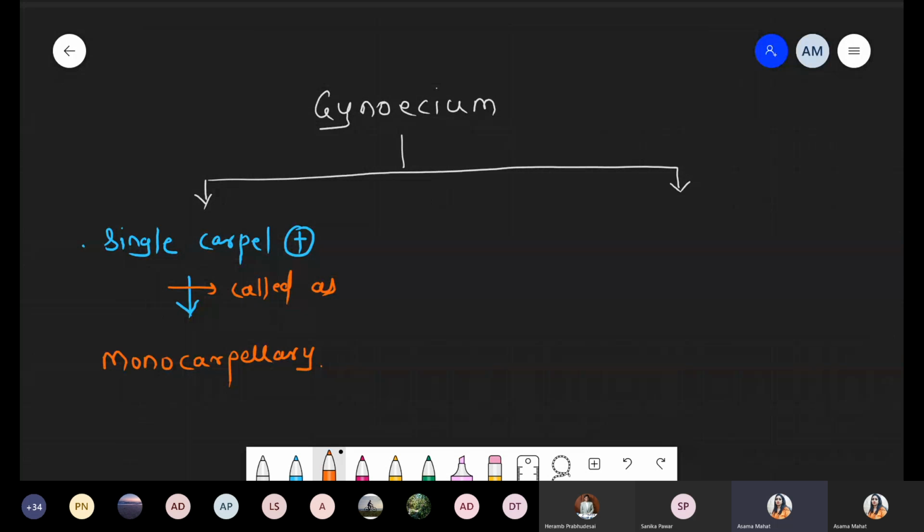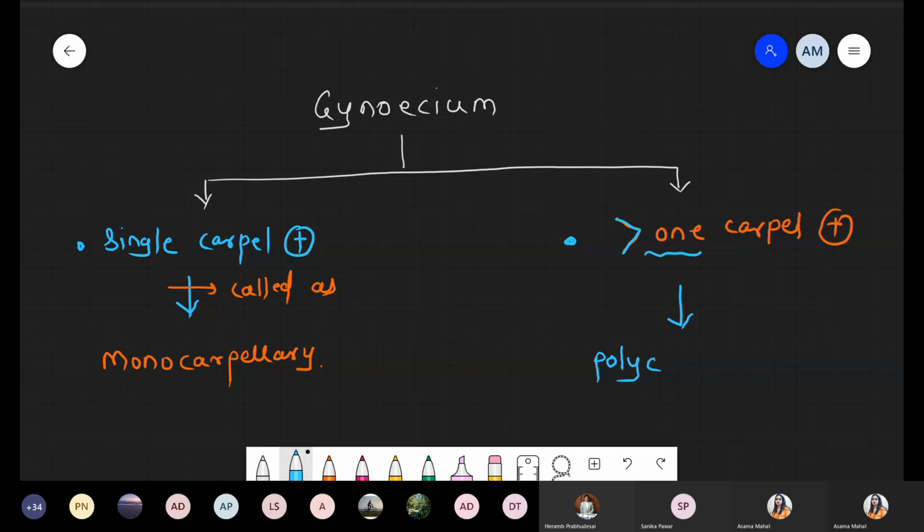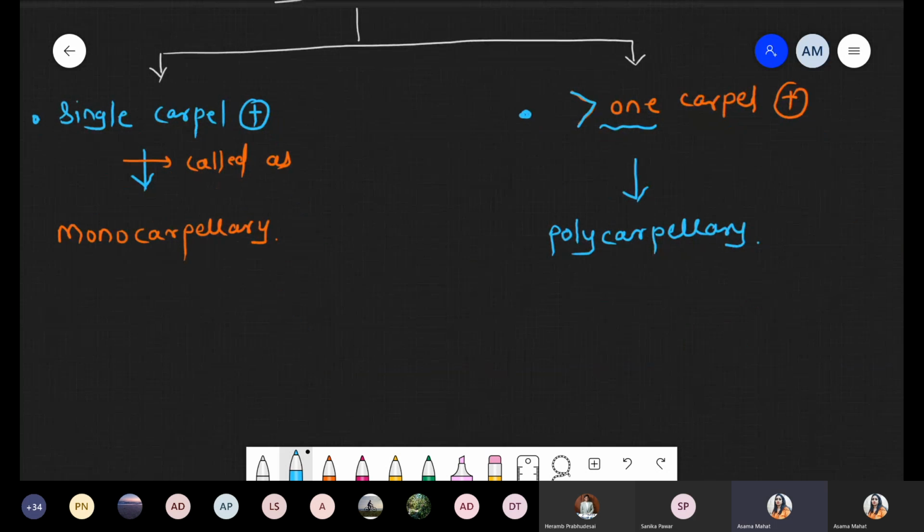But if more than one carpel is present, that condition is called polycarpellary. Poly means many, carpellary. Now this polycarpellary is divided into two types depending upon their fusion.